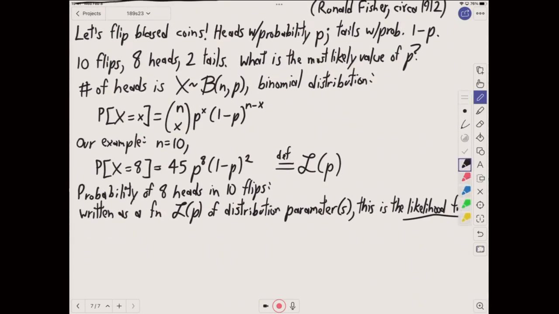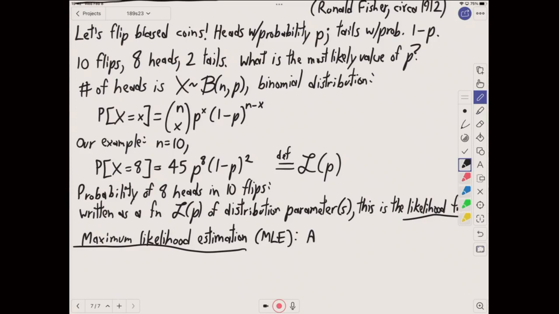Now, the very famous technique of maximum likelihood estimation, which, that's a lot of syllables, so people usually just call it MLE.